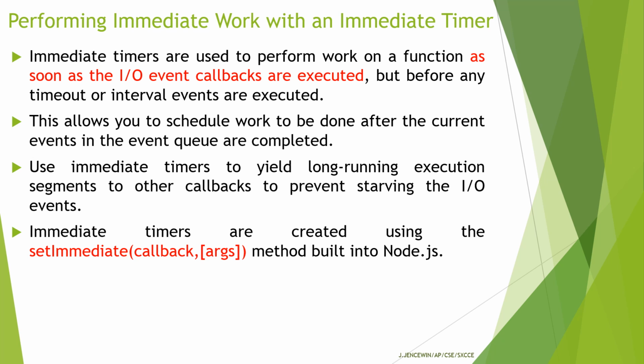So this is higher priority than the other timer events, and lower priority than IO events. Normally this will be scheduled during the next iteration. This allows you to schedule work to be done after the current events in the event queue are completed.